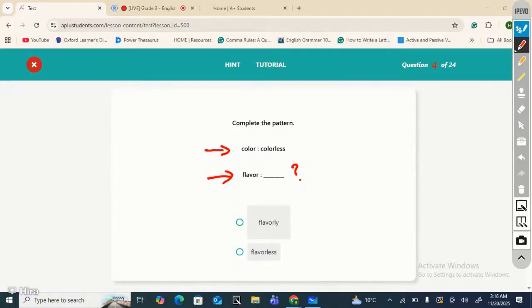Is it option one or option two? Guys, it's grade three class.